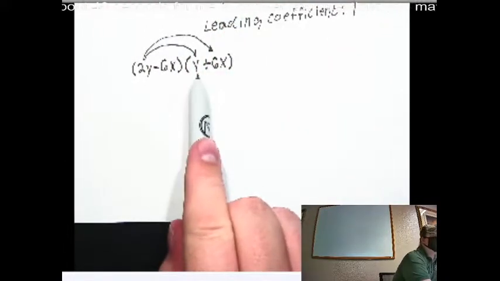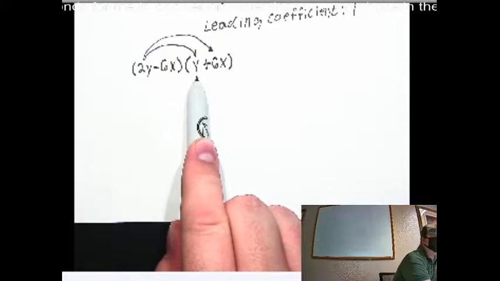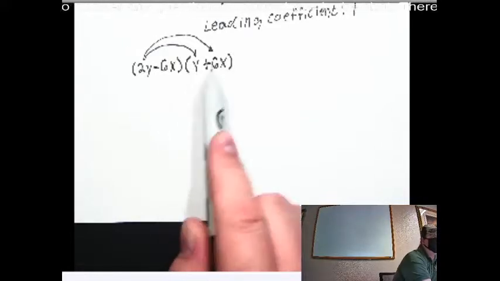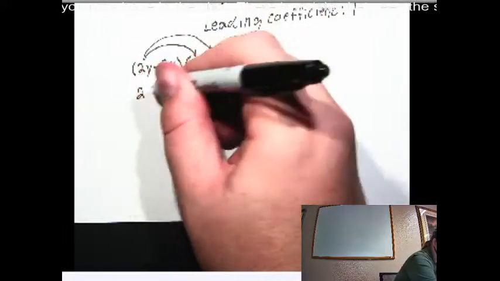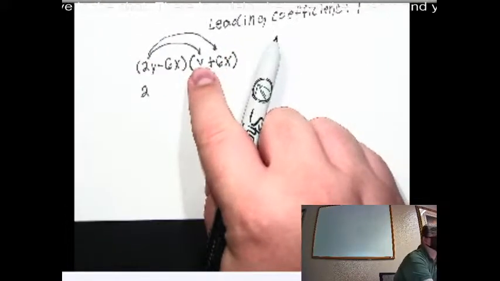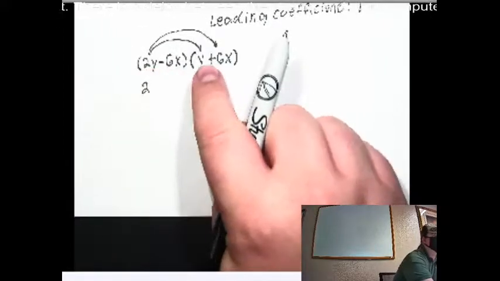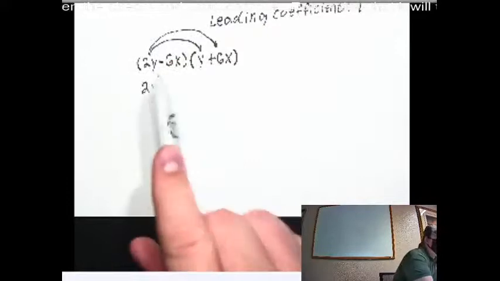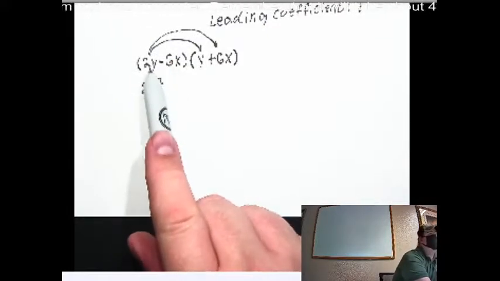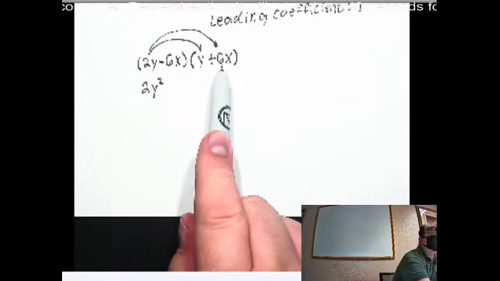So let's see, what is 2y times y? 2y squared. Remember, it's 2 times what is really 1 right there, and y times y, which is y squared. Good. All right. Next is 2y times 6x.